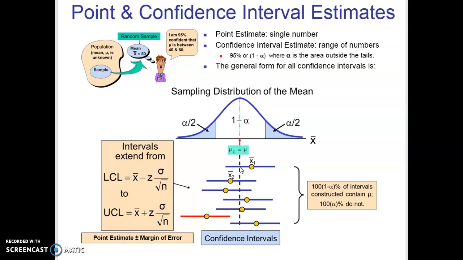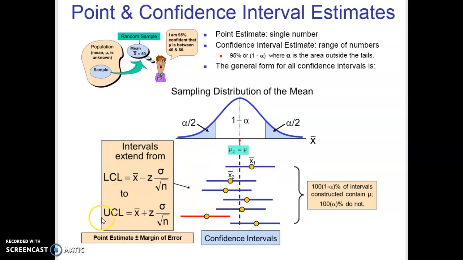Another way to think about this is with the actual mathematical intervals. Now, we're going to practice this in a bit, but I just want to give you a flavor for it now. A lower confidence level is the lower level here that we would get from our sample.